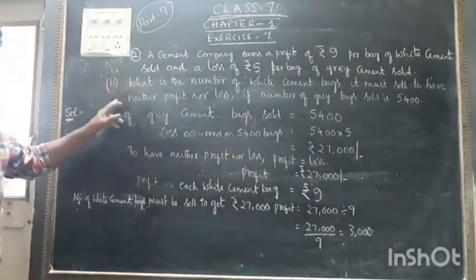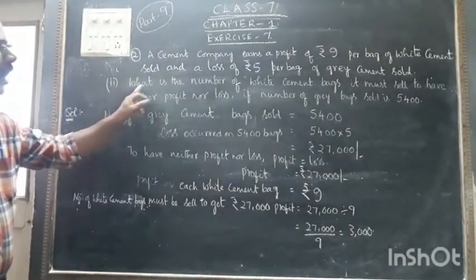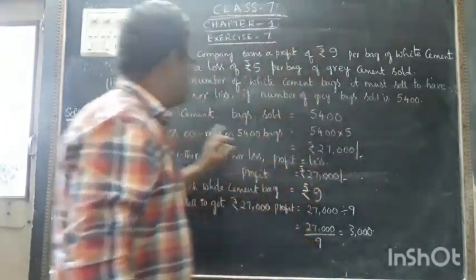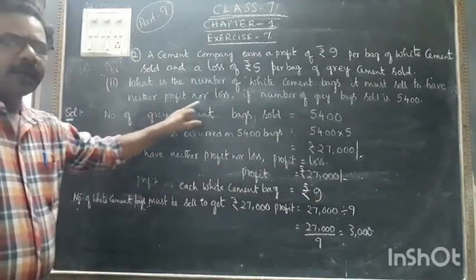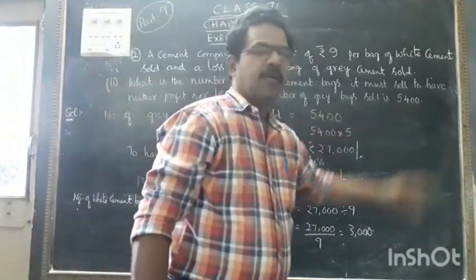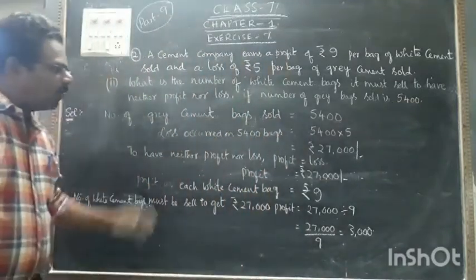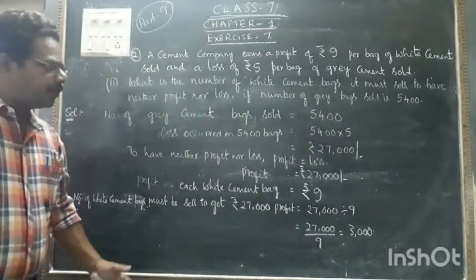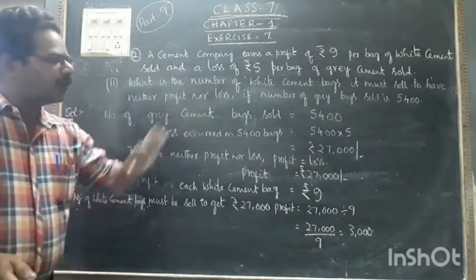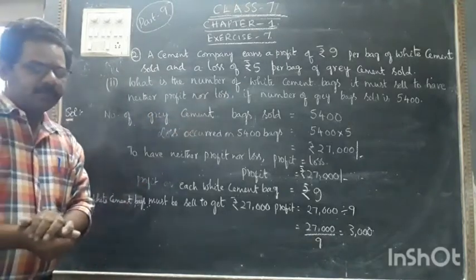See the next question. What is the number of white cement bags it must sell to have neither profit nor loss, if number of grey bags sold is 5,400? What is the meaning of this one? Suppose the cement company sold 5,400 grey color bags.